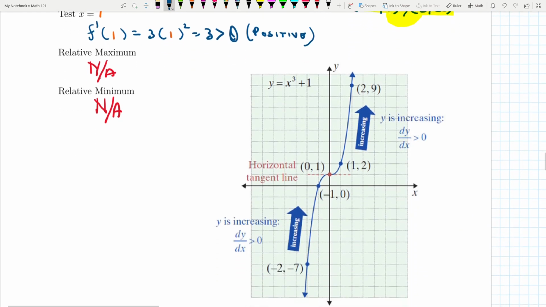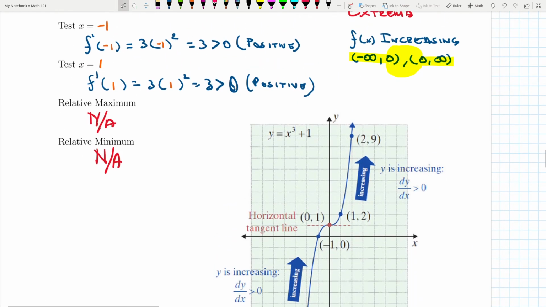All right, and that was also our second example.